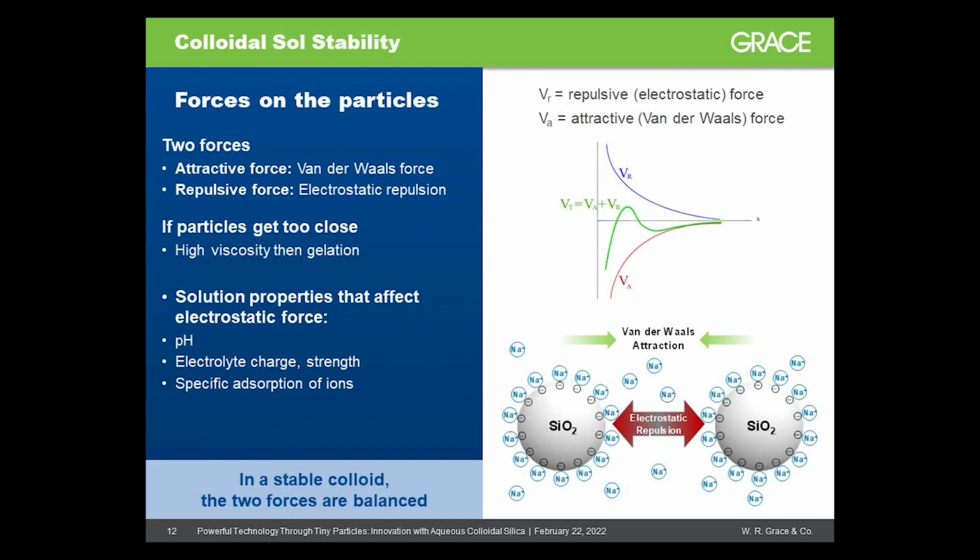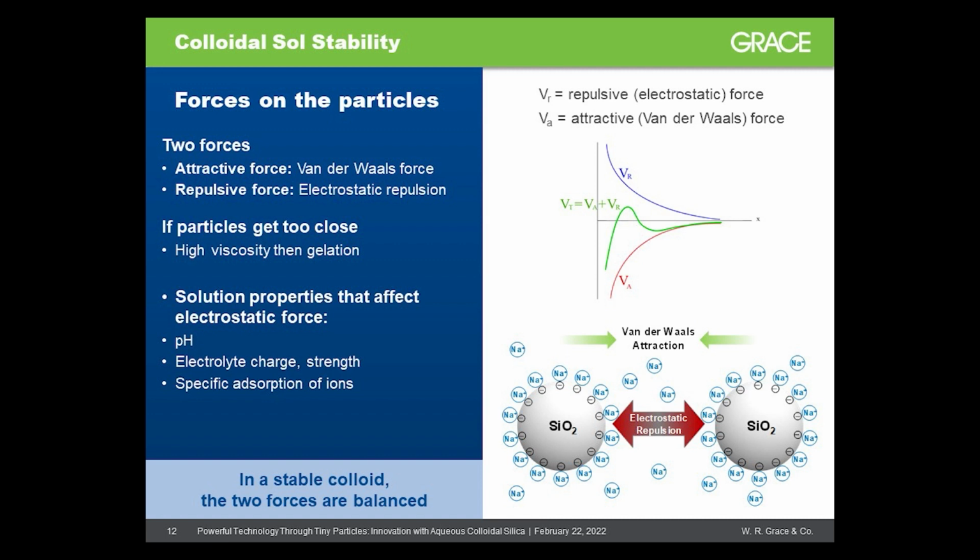The electrostatic force described previously is represented on an energy diagram as the curve in blue. This curve shows the magnitude and sign of the potential energy between two particles as a function of the distance between them. Since like charges repel each other, this repulsive energy increases as the particles approach one another. In addition to the electrostatic force, there's also a chemical force between the particles, the so-called van der Waals force.